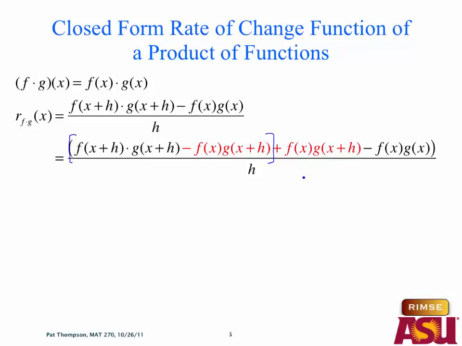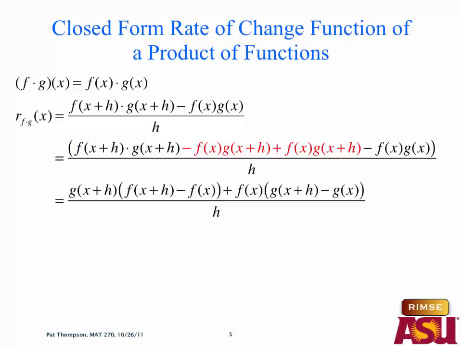What common factor do you notice there? G of x plus h. And then we're going to grab the positive thing that we put in there, and we're going to group those two together. And we have a common factor of f of x. So I'm going to factor out the g of x plus h from the first one, and the f of x out of the second. And we get this.